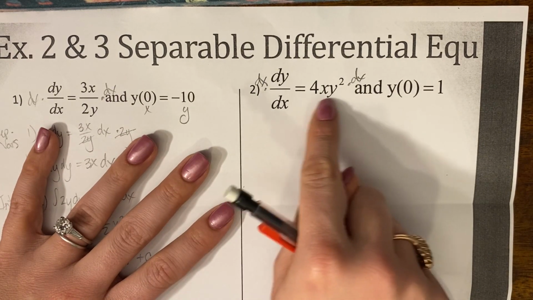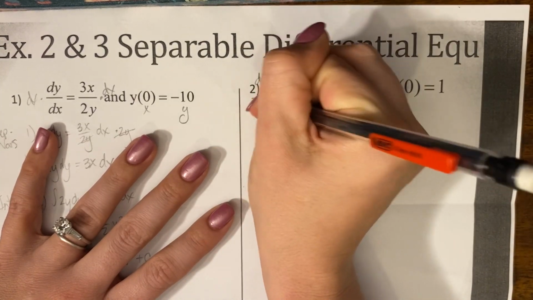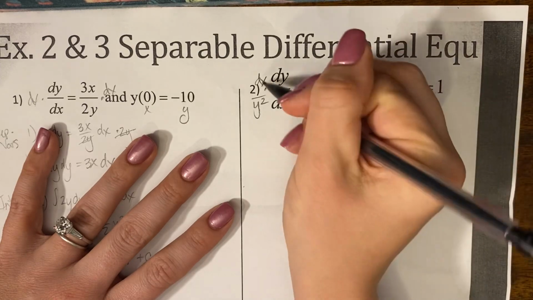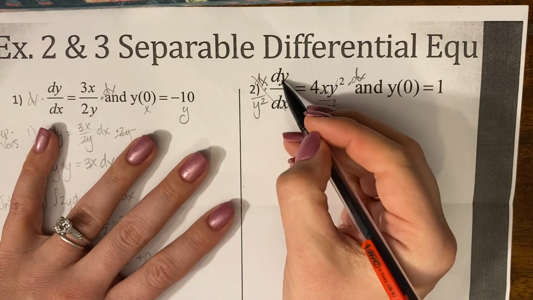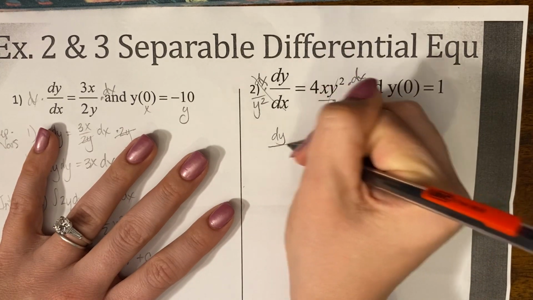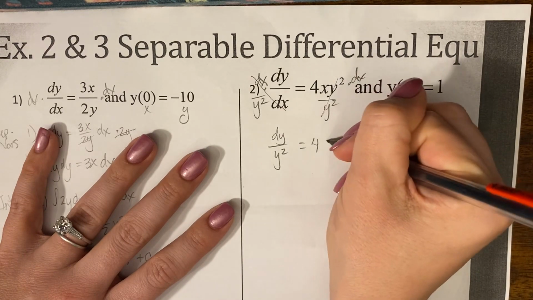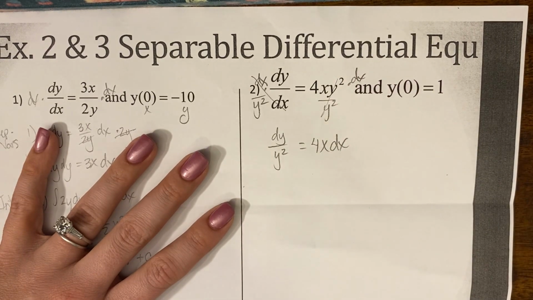So if I divide by y squared, that will get my y's on the left. So that cancels and that cancels. So on the left, I have dy over y squared. And on the right, I have 4x dx. Okay, so that's my step 1 of separating my variables.